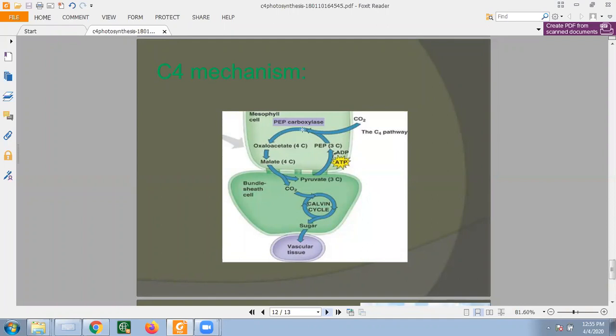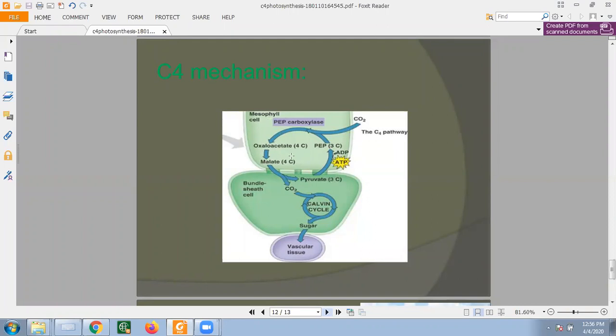In the presence of PEP carboxylase, PEP takes 1 carbon dioxide molecule from the atmosphere, so it becomes 4-carbon oxaloacetic acid. This forms 4-carbon malate, and malate donates 1 carbon in the form of carbon dioxide into the Calvin cycle, and the pyruvate has 3 carbons.